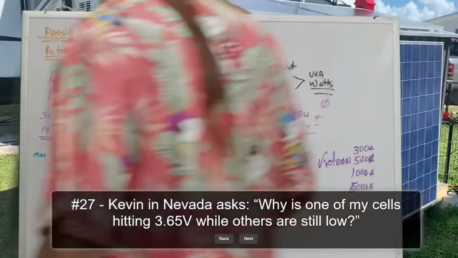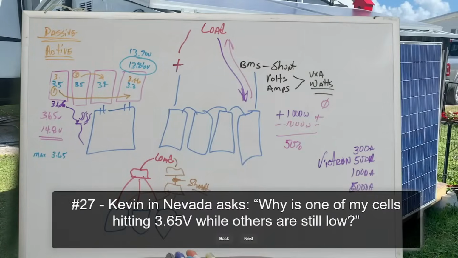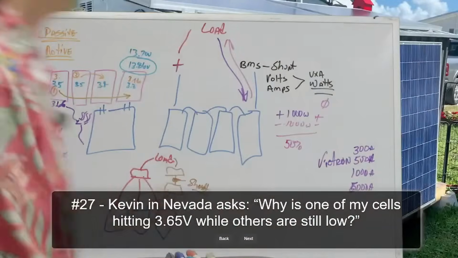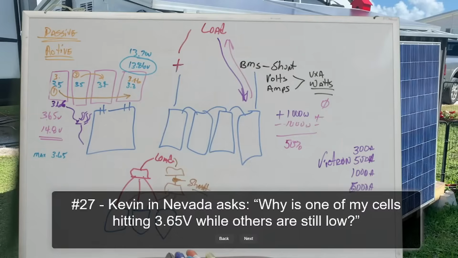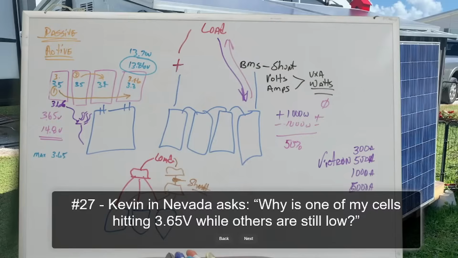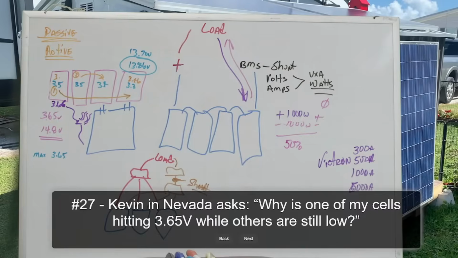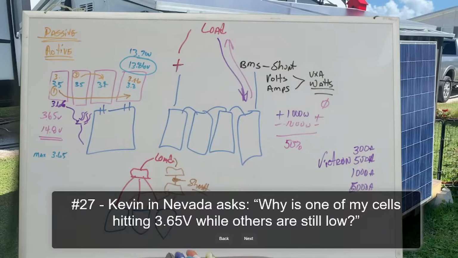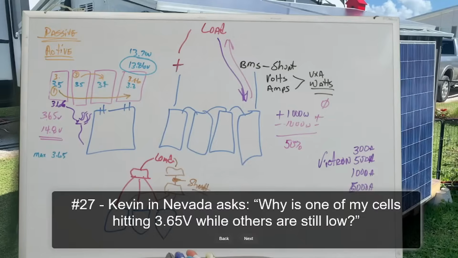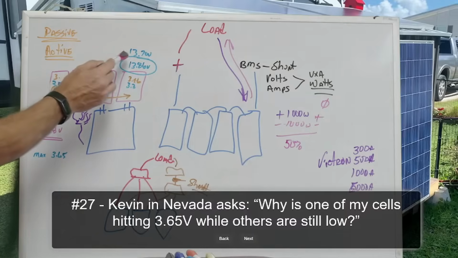When that one cell hits that voltage of 3.65, the BMS is going to shut you down and not allow it to charge anymore. This is going to prevent all of the other cells from catching up. This is why balancing a battery is extremely important, and giving it enough time before it gets to the voltage that it needs to.